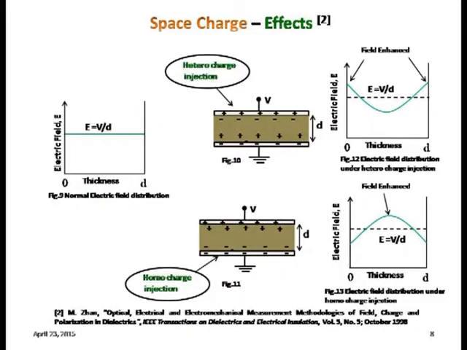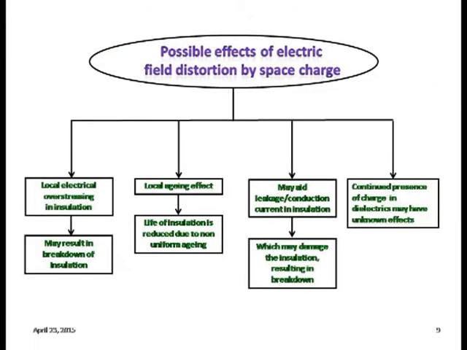So this is the effect. Electric field enhancement will be there inside the insulation. When a higher electric field is there, it causes breakdown or aging, and several other effects. These are the possible effects of electric field distortion or enhancement by space charge. Local electric field overstressing in the insulation, somewhere at the edge or somewhere in the middle, where the field is very high, is what is known as local enhancement.